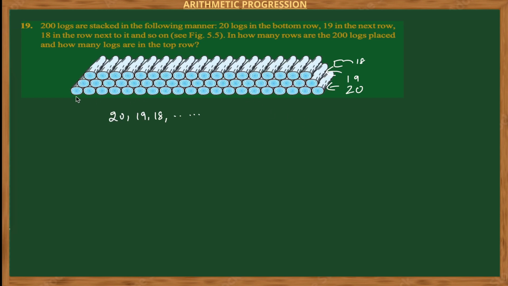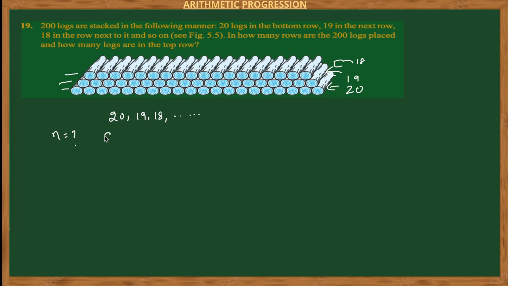So how many rows will be there? We need to find the n here. We have been given that the total number of logs is 200, so the sum of all the logs in each of these rows is 200.